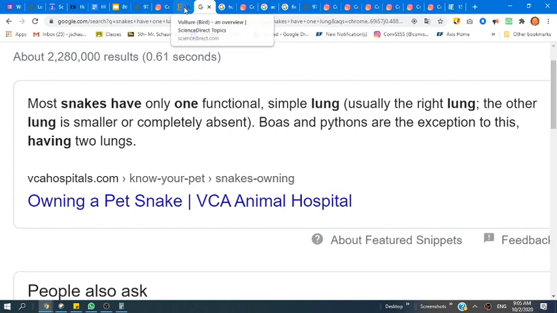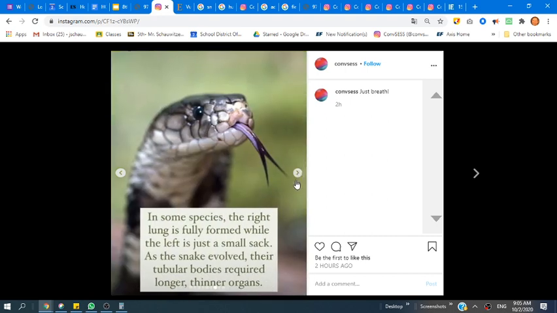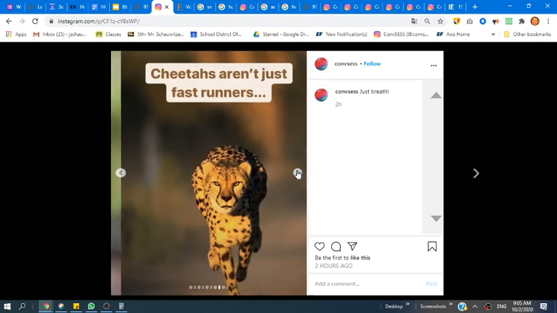That's kind of interesting. So animals are very similar to humans, but they can also be kind of different, right? In some species, the right lung is fully formed while the left is just a small sac. As the snake evolved, their tubular bodies required longer, thinner organs. Pretty cool, huh?